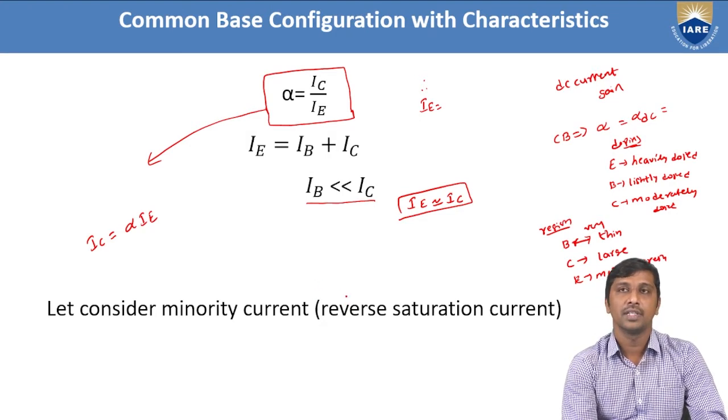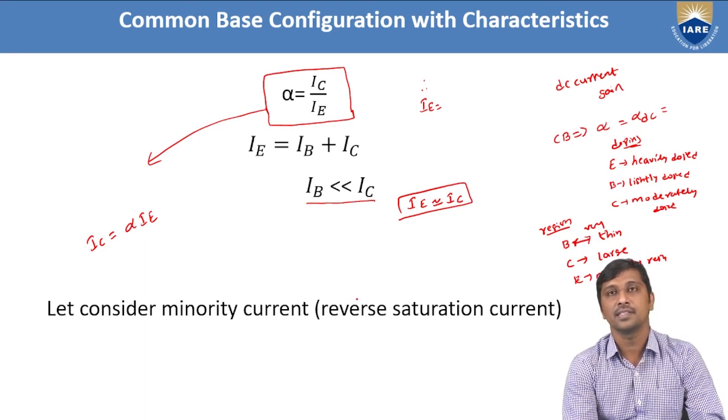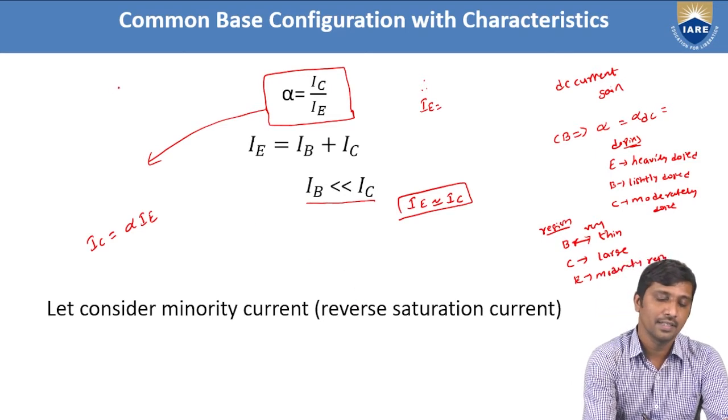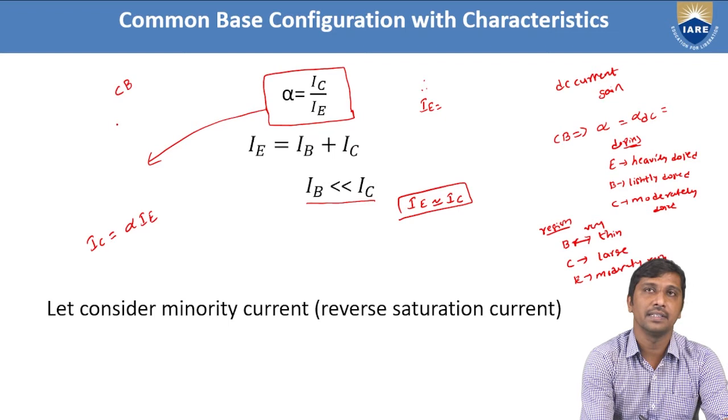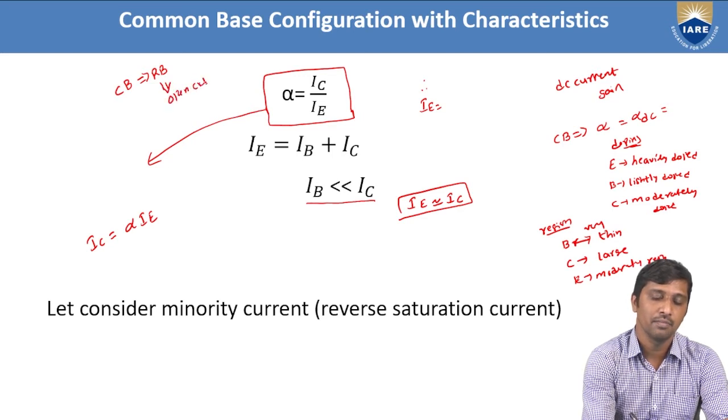In this common base configuration, we make the input junction forward bias and the output junction reverse bias. The output junction is the collector base junction, and if it is reverse biased, it acts as an open circuit, meaning it allows a reverse saturation current.